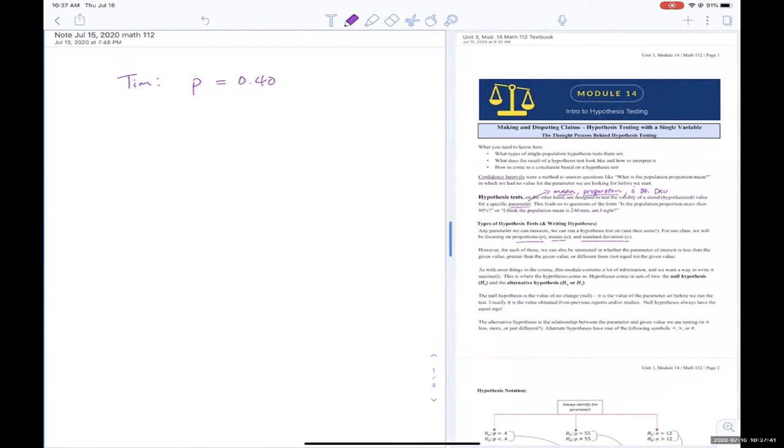What I am claiming is that I've been practicing off court, and it has much improved. I say it's going to be much greater than 40%. Usually this is considered to be your null hypothesis, and this is your alternate hypothesis.